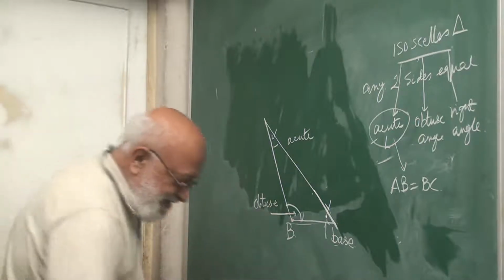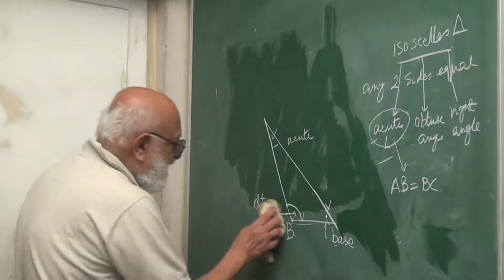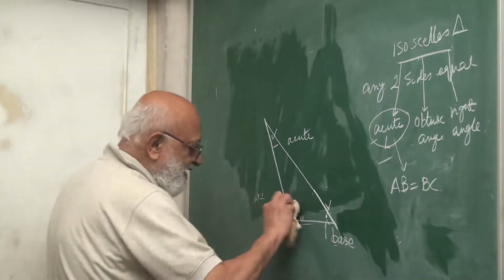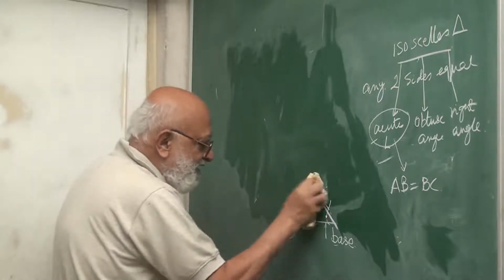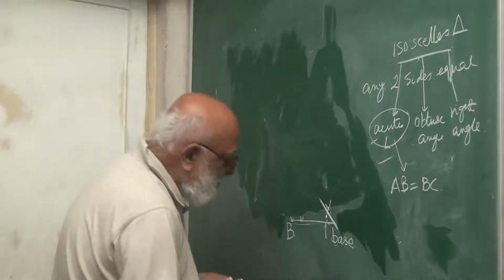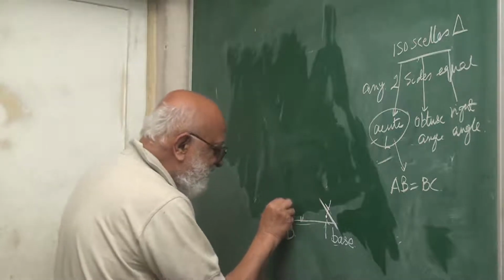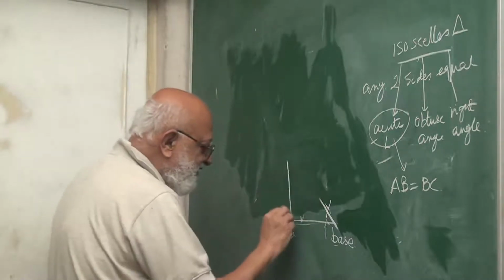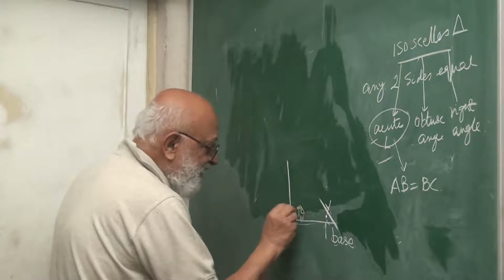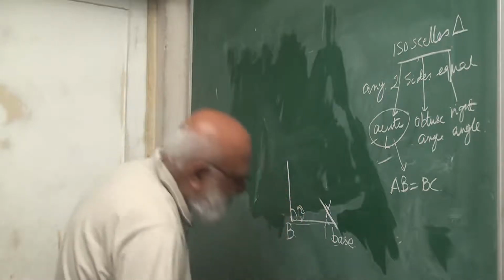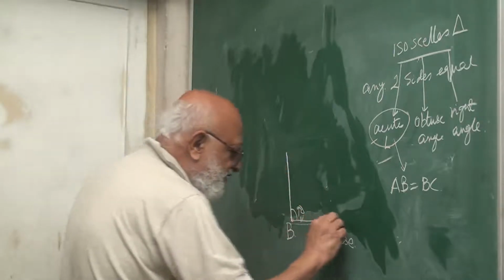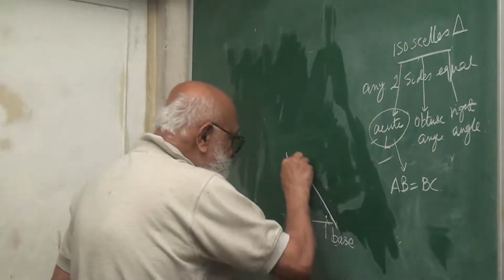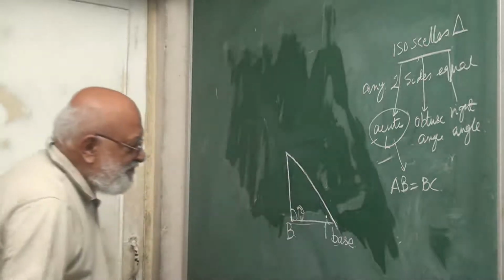And of course, in case of a right angle, one of the angles will be 90 degrees. So I can draw that angle and show you. In this case, this angle will be 90 degrees, and these two sides will be equal. So it immediately gives you two properties.